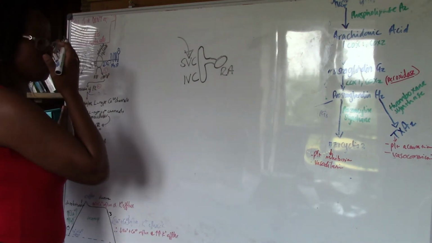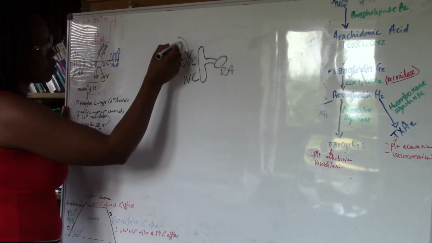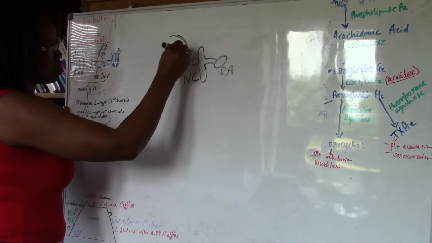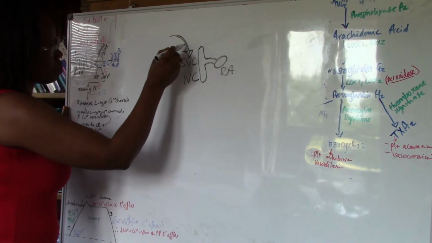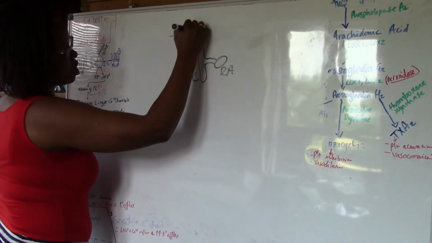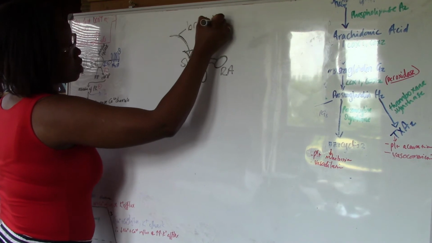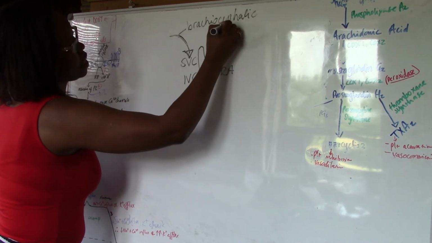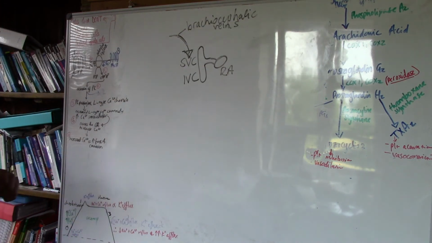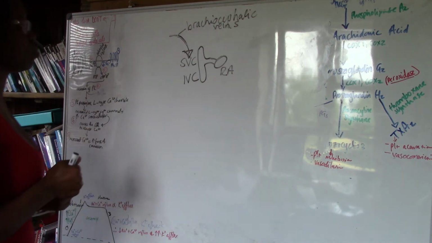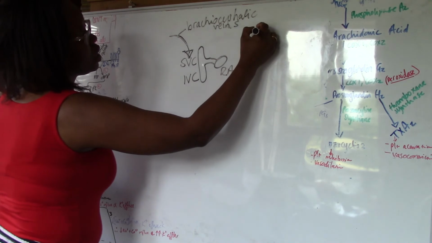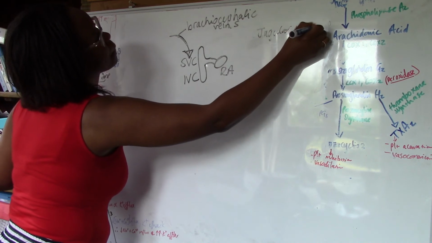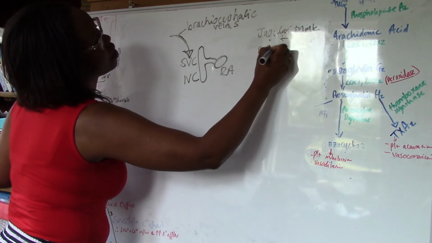So if we were to go back to the body, the main branch draining into the superior vena cava will be the brachiocephalic veins, which, if I was just going to look, say, at the left hand side, will be made up of the jugular trunk and subclavian.